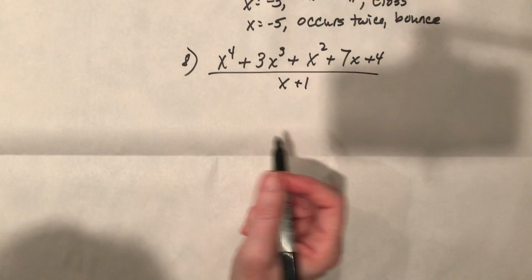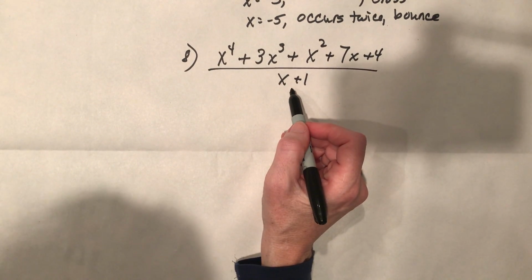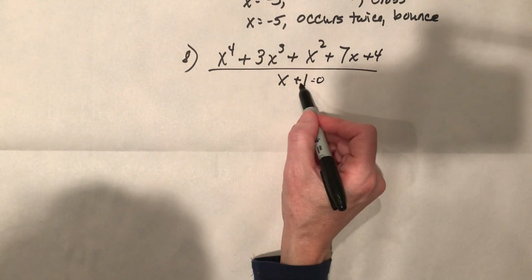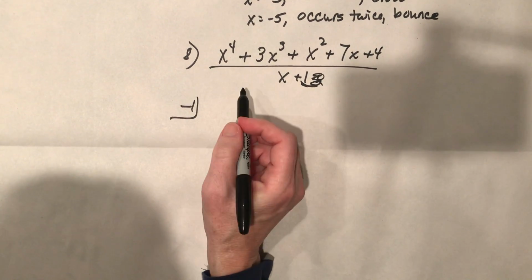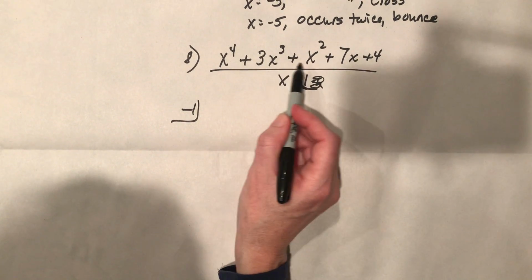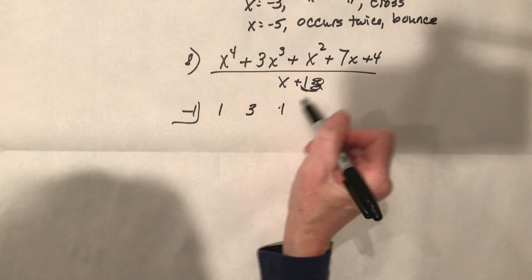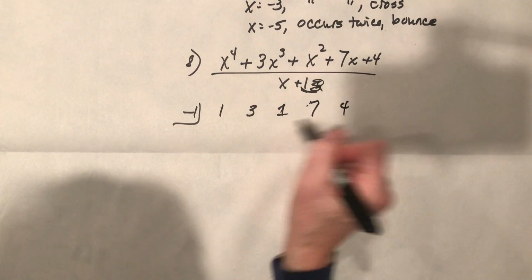So if we're going to do synthetic division, remember this is attached to an x plus or an x minus, so it's a liar. So the real x, remember you're imagining if you're setting it equal to 0, so it would become a -1. So I'm putting a -1 in the box, and then I'm grabbing the coefficient for each of the terms. So 1, 3, 1, that's a positive 1 there, 7, and 4.